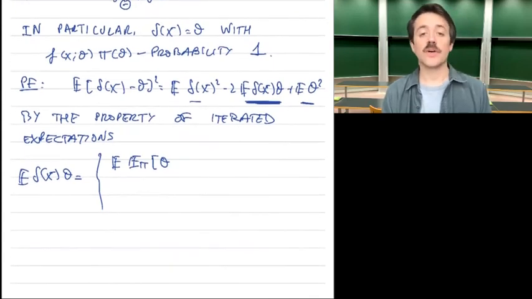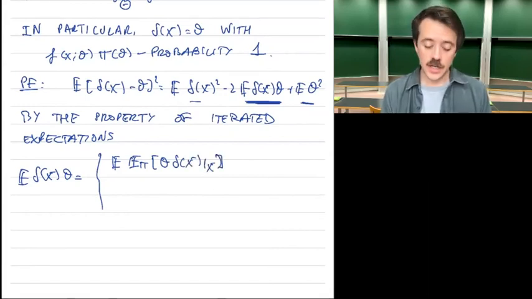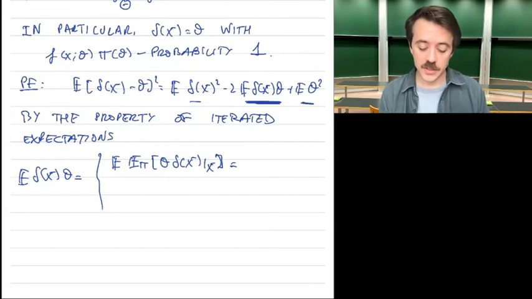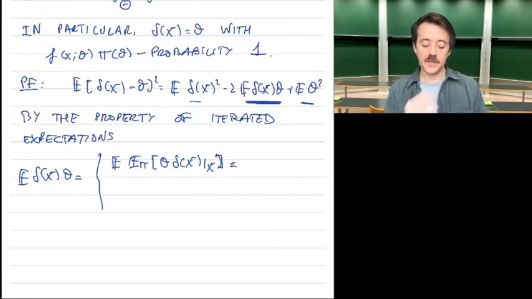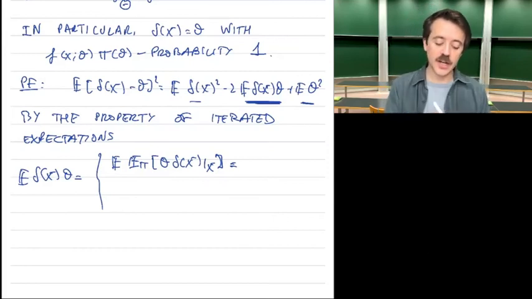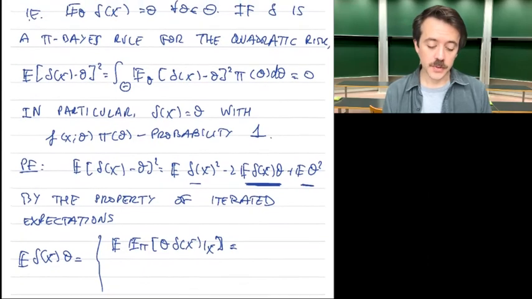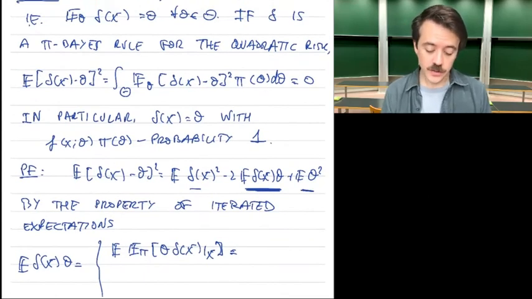So we can write the expectation of theta delta x with respect to the posterior, and then take the expectation with respect to x. And what is this? Because delta is not going to be integrated, we can take it out. And if we now take the expectation of theta, it turns out that should be precisely the Bayes rule. What is left. Why is that?